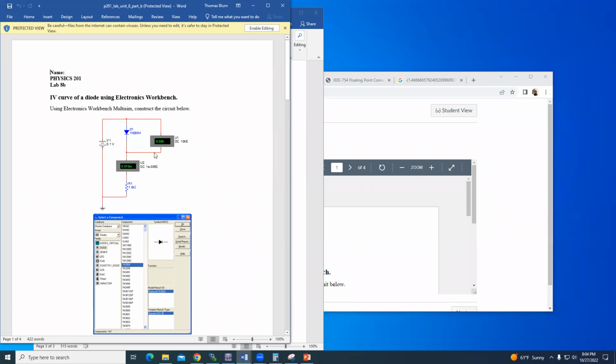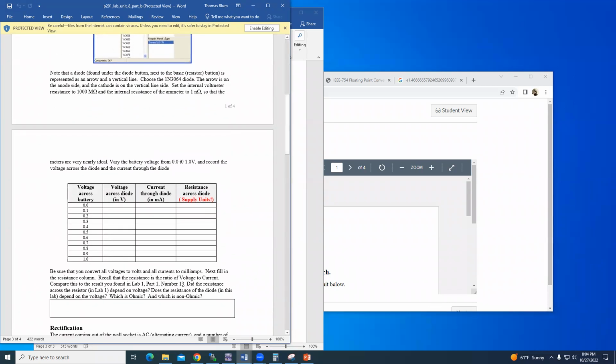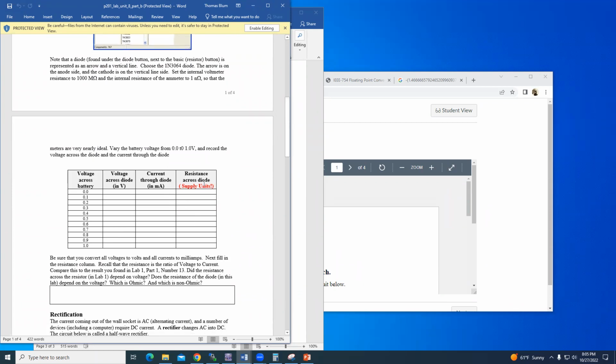Okay. And what did we do? We divided the voltage by the current and got the, yes, resistance. So you have to get for me the resistance. I just told you how to get it. You better supply the units or I won't like you anymore. Okay. And you should see that it is not ohmic.